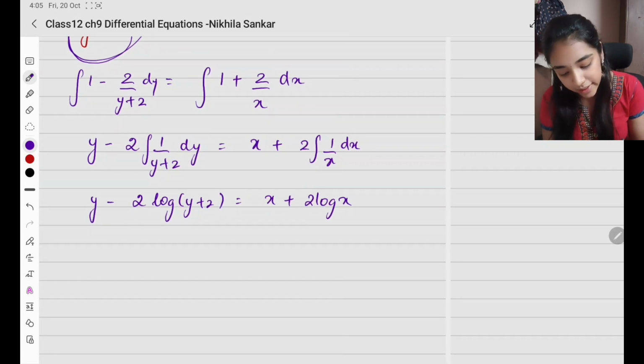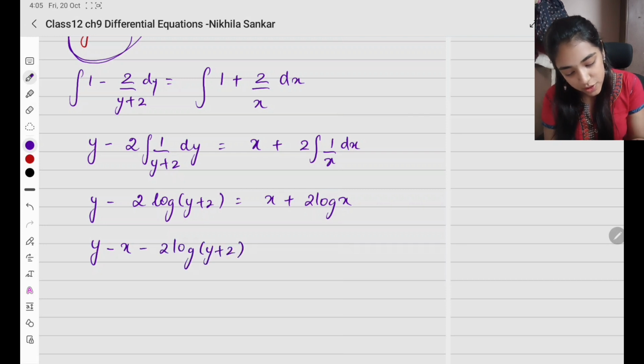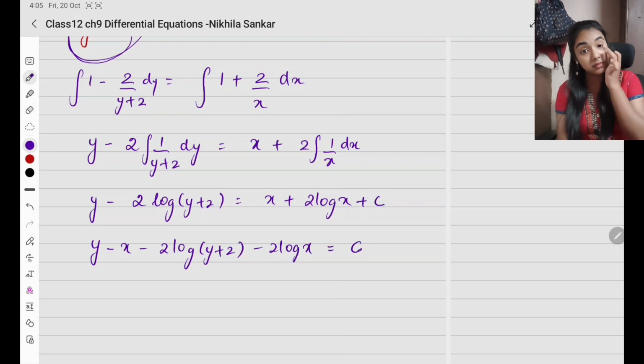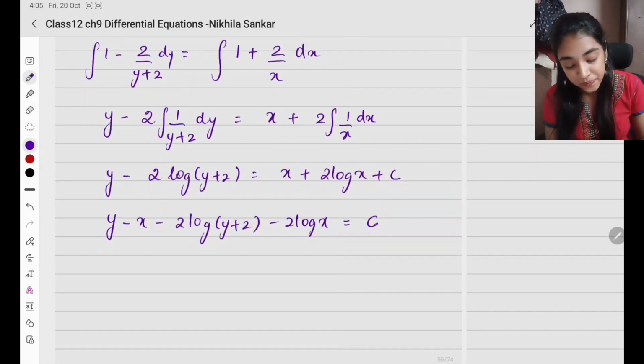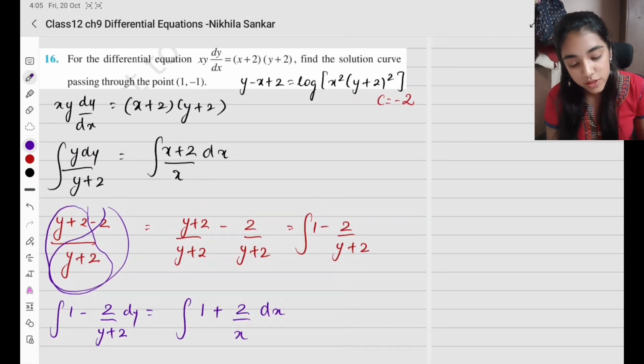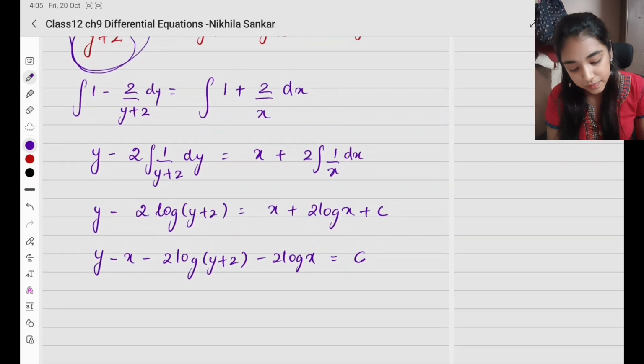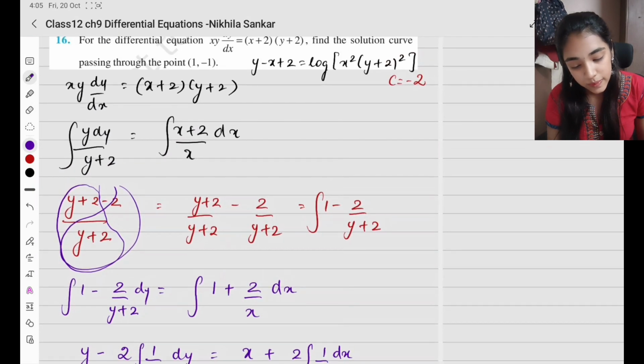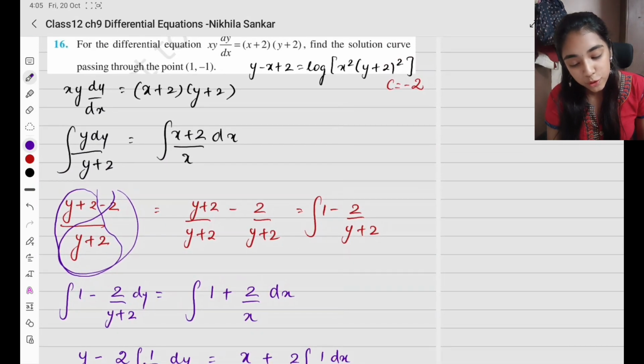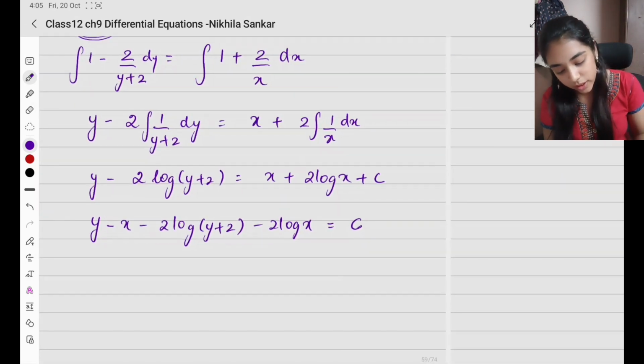Simple. Now I have y minus x minus 2 log y plus 2 minus 2 log x plus c equals c. Correcta? Integration constant மறந்துடாதீங்க. So now when I substitute the values, y க்கும் x க்கும் என்ன கொடுத்திருக்கான்? I have y value to be minus 1, x value to be 1.